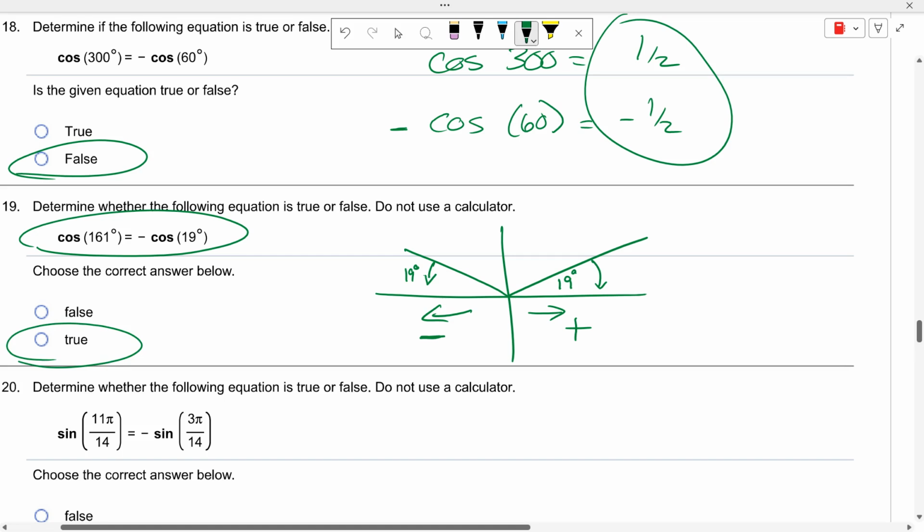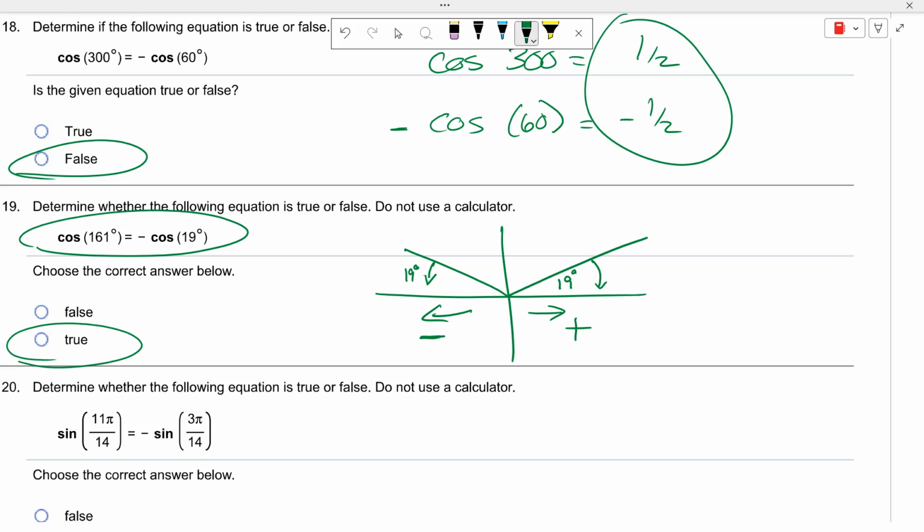That is true, because this is equal to the opposite of this. This is positive point whatever, whatever, whatever. So the opposite of that would be negative whatever, whatever, whatever. Okay? So same reference angle, because they're both 19 degrees away from the horizontal axis.